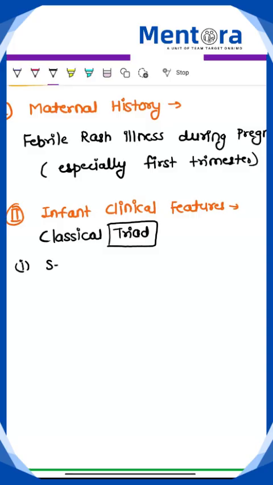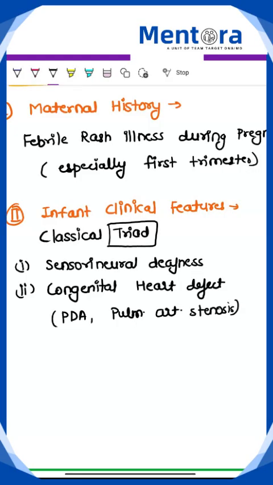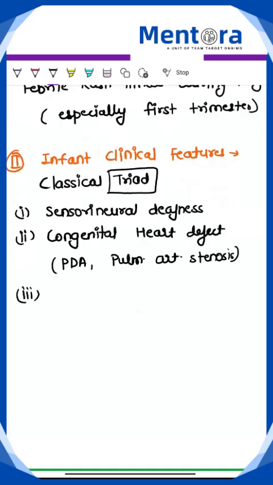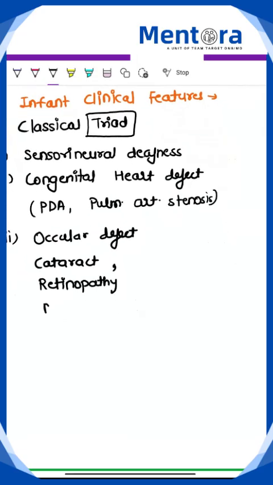It includes sensorineural deafness, second is congenital heart defect, like PDA, pulmonary artery stenosis, and if there is any ocular defect, like cataract or retinopathy or microphthalmia.